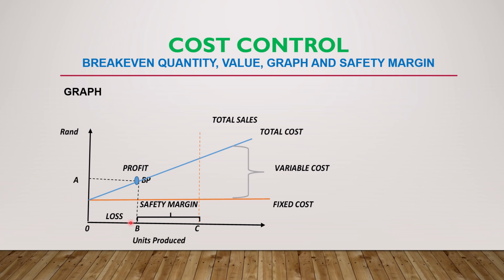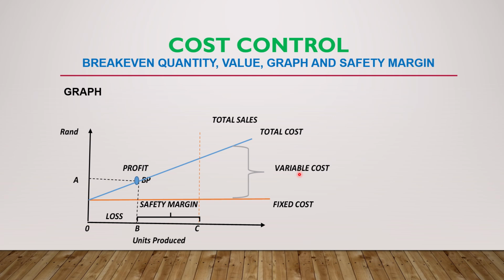Okay, and then the second graph you need to draw is the total cost, which always starts from the fixed cost. Okay, it always starts here and goes up, right? And then the third thing is the difference between these two will be your variable. This part is your variable cost.